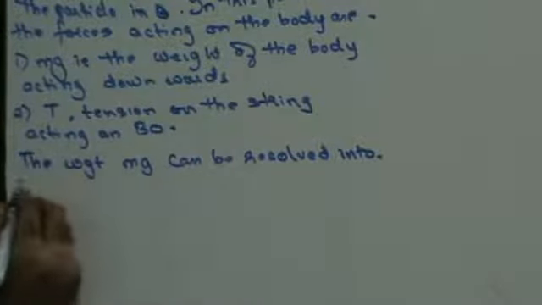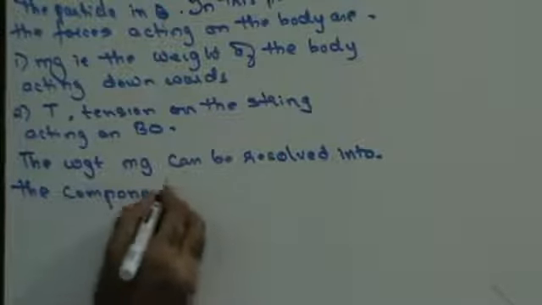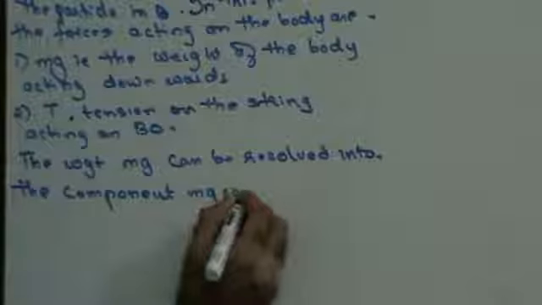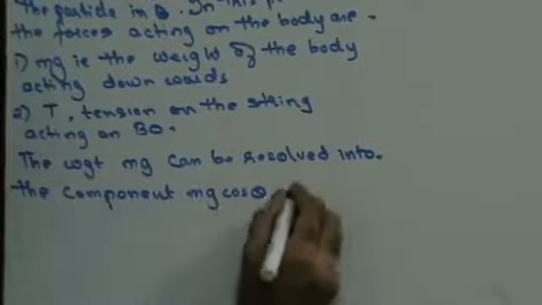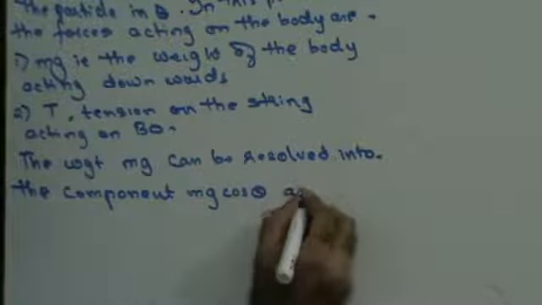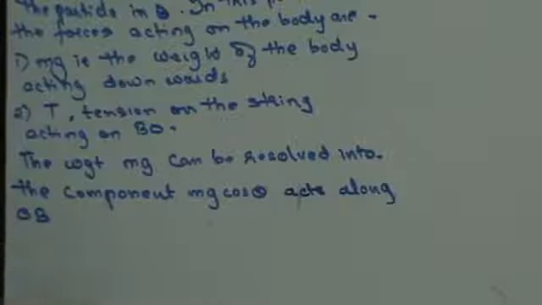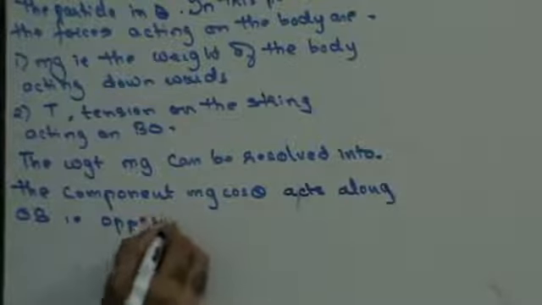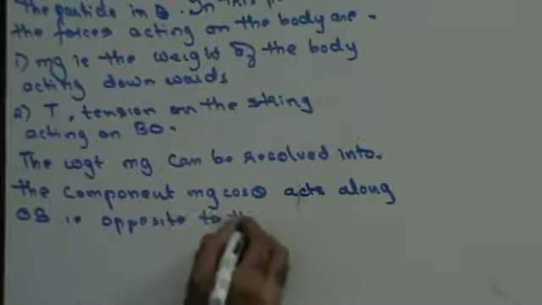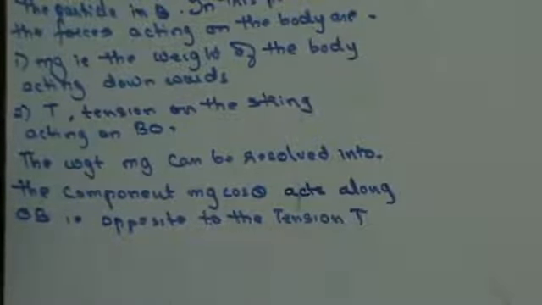The component mg cos theta acts along OB in opposite direction, that is opposite to the tension T, right?